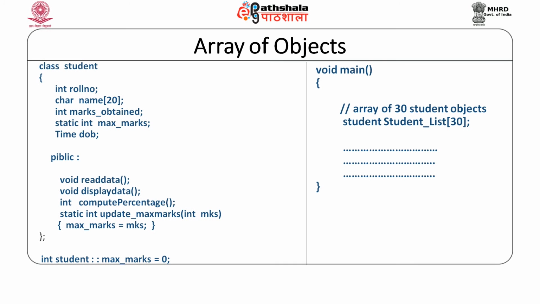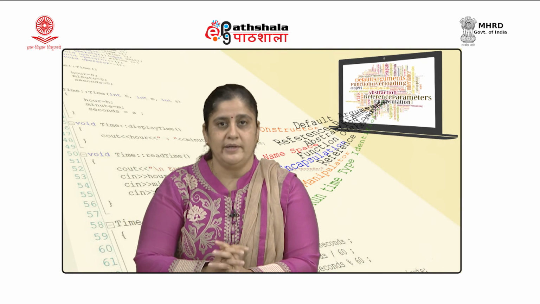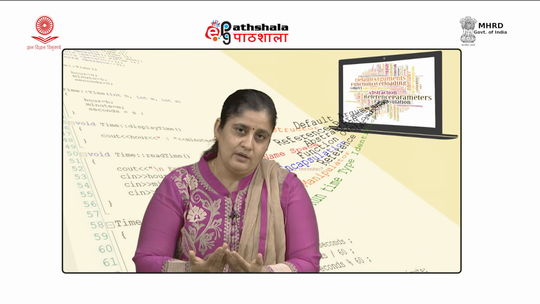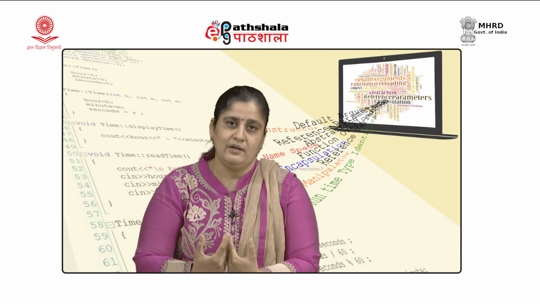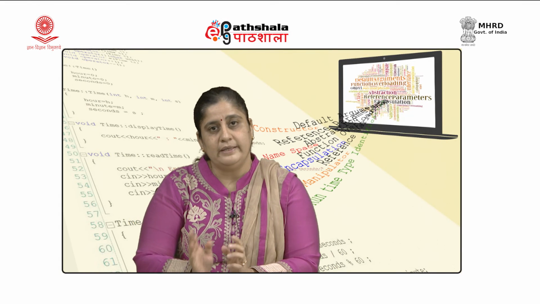Now, how do I perform an operation on individual student? Well, as you do it in case of the array of any data type, if I wish to read the information of the first student, I can say student list 0 dot read data. If I wish to read the next student information, I can say student list 1 dot read data.